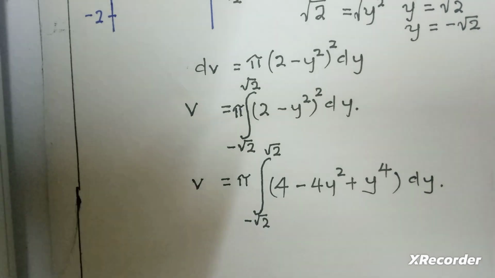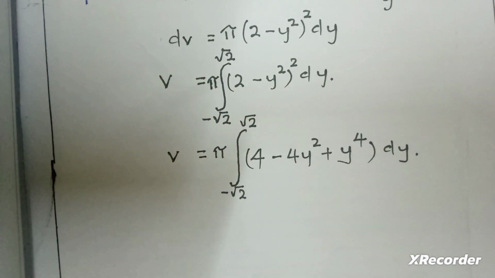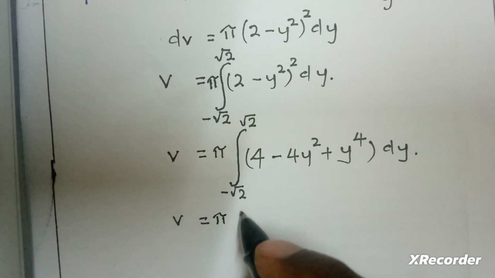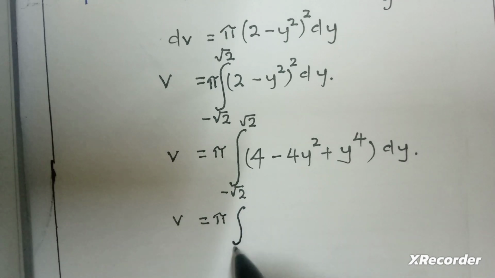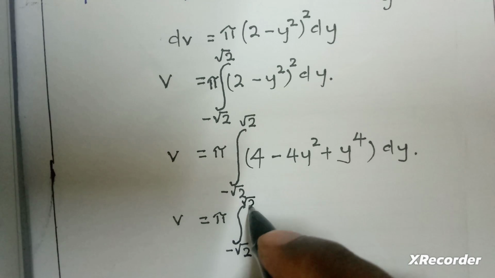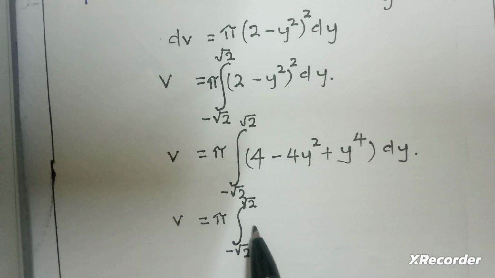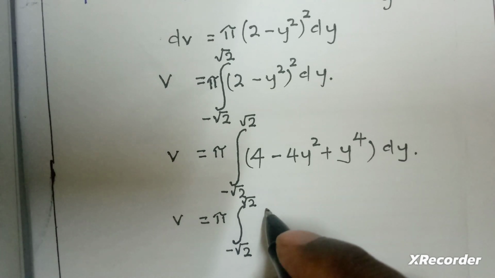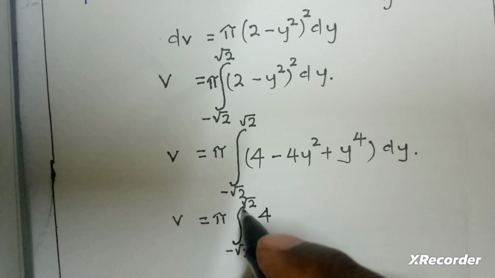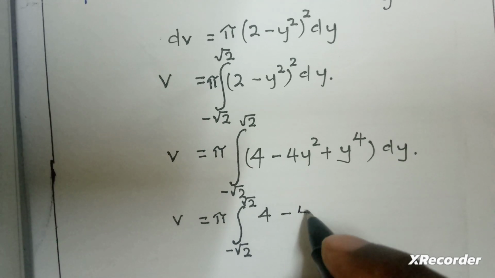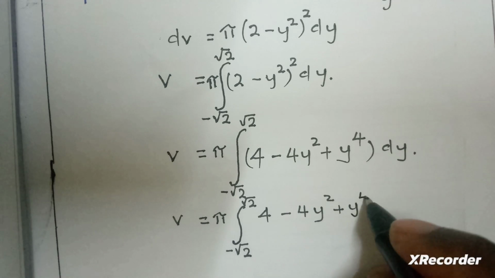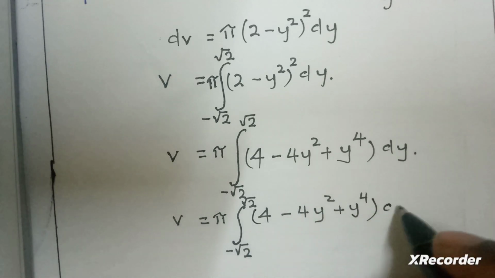Now we integrate this one. We have to write it again, because when we integrate we don't put this. So this is going to be 4 minus 4y squared plus y raised to 4, dy.